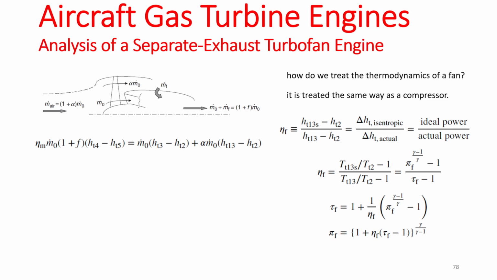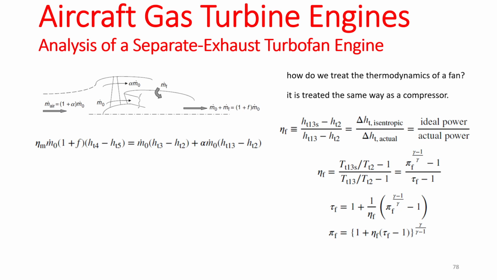So the total energy produced inside the turbine is going to be your mechanical efficiency multiplied by m dot naught, the engine core m dot, multiplied by 1 plus F, because we also have the fuel there as well.